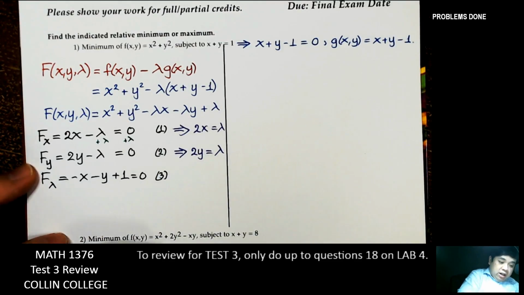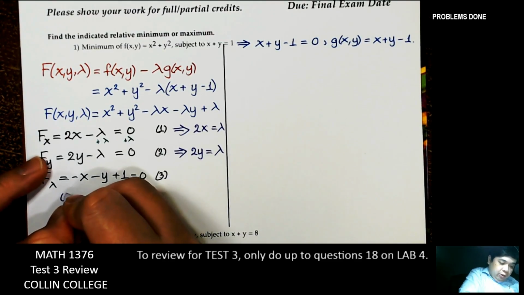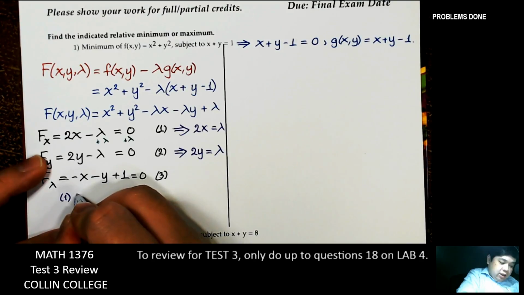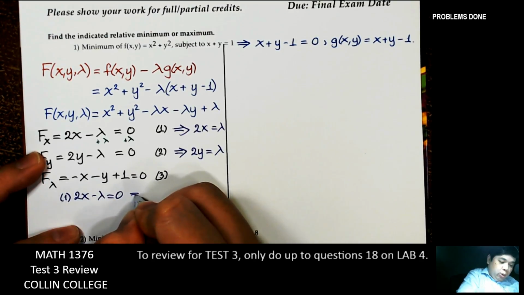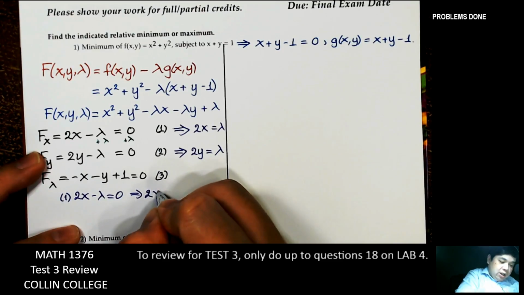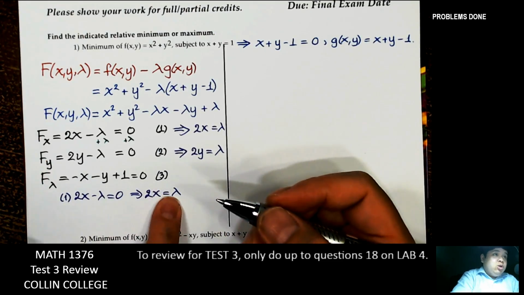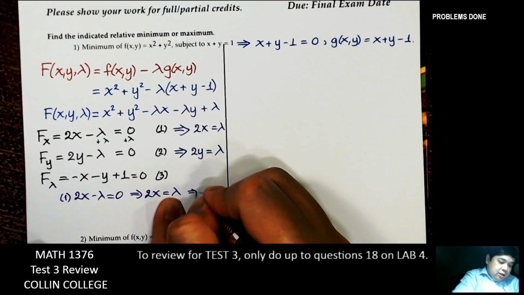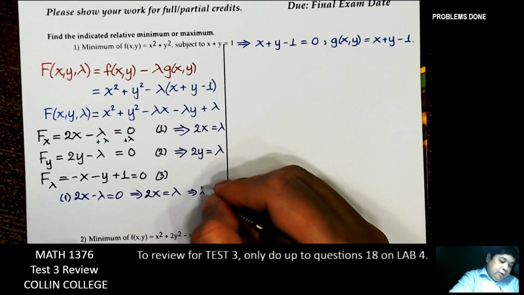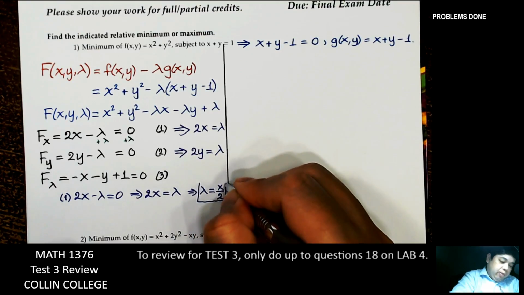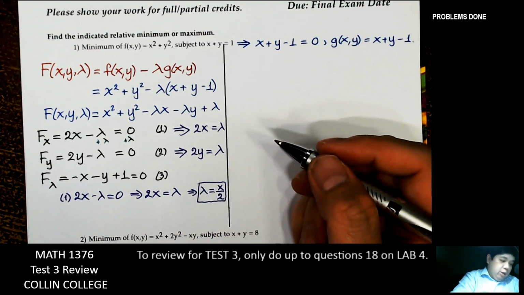Perhaps I write that again here, it will be better. From equation 1, 2x minus lambda equal to 0, we have 2x equal to lambda, and if we solve for lambda, it is x over 2. So this solves for lambda.